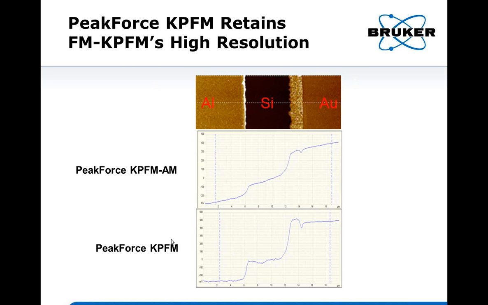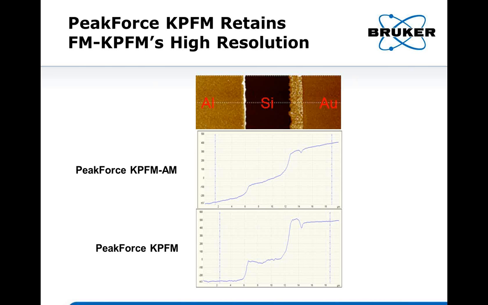And on the PeakForce KPFM, though, the transition between silicon and gold or aluminum and silicon is much sharper. So you do not have to use a small feature to see the difference in spatial resolution. The other thing I want to point out is that on the AM here, since it's the average, it's a convolution of the different materials, and the measurement cannot be accurate because it's a combination.